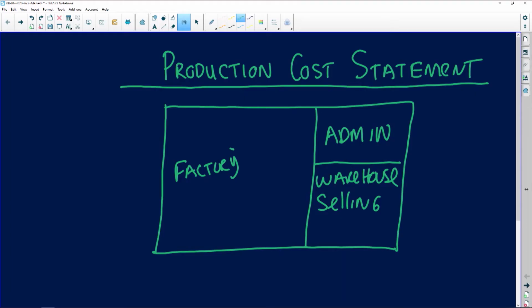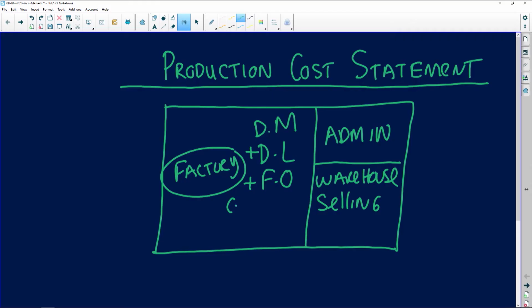Now going back to last week's lesson, remember your production cost statement focuses on what happens in the actual factory. I know I'm repeating this, but remember guys, the more something is repeated to you, the more you remember. So what happens in the factory? Remember, we take our direct material that was used in the production process. We then look at our direct labor cost, and then we look at all our factory overheads.